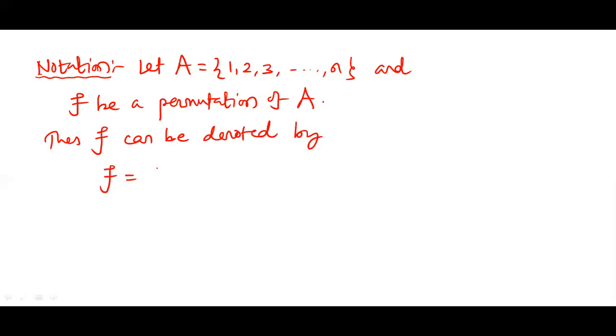Write a round bracket and consider 2 rows in this bracket. In the first row, write all elements of set A. And in the second row, write images of corresponding elements. Means in this position, write image of 1, here write image of 2, here image of 3, and so on, up to the image of n.